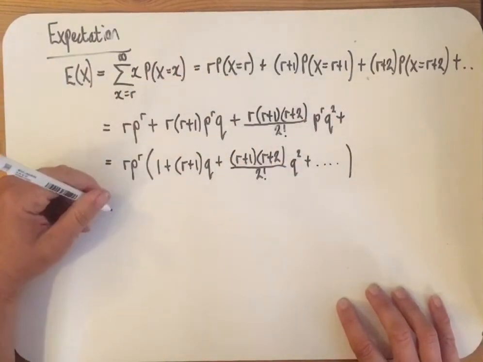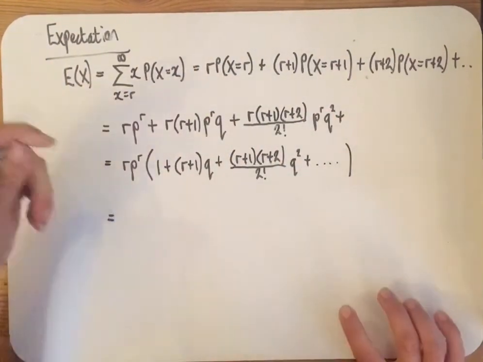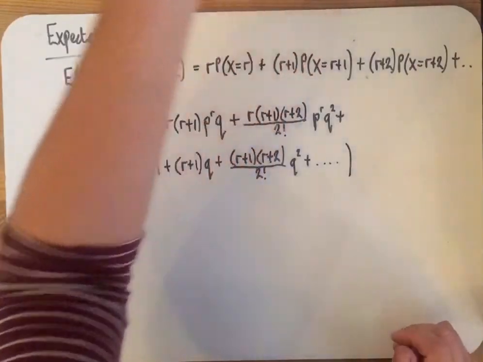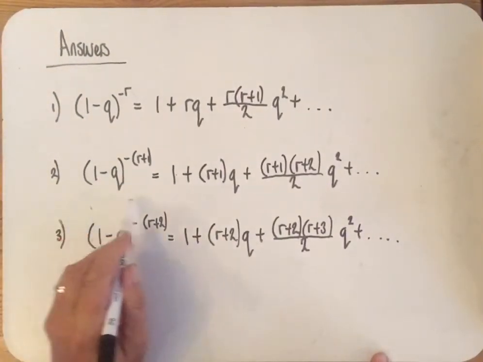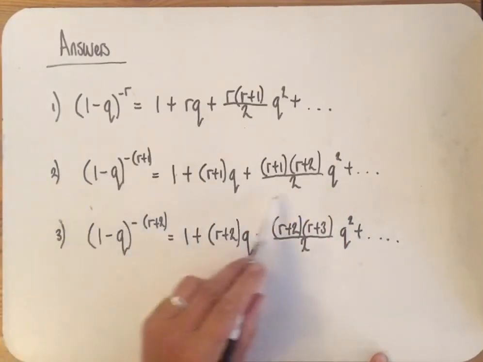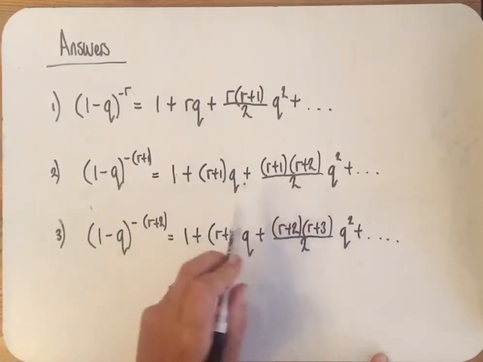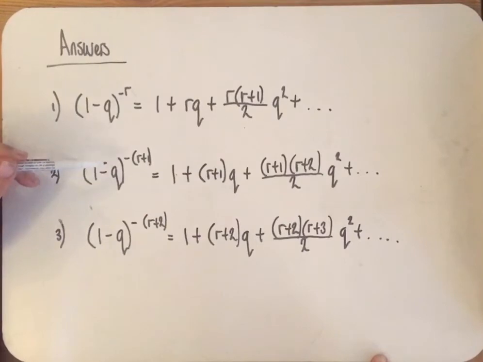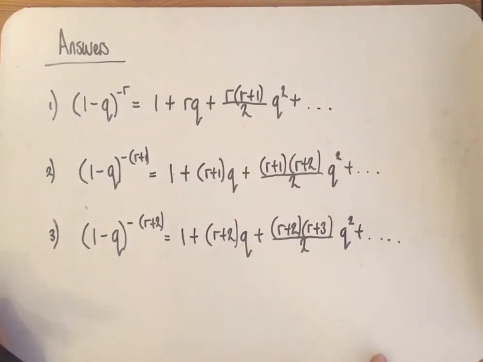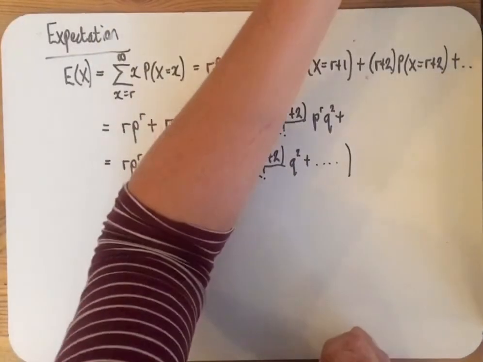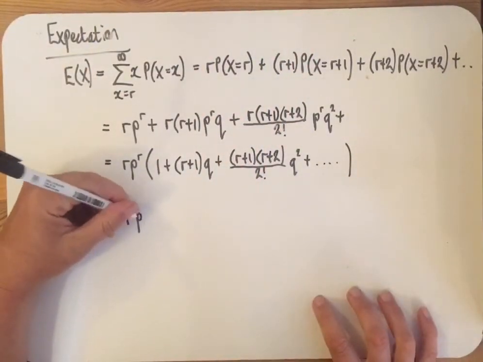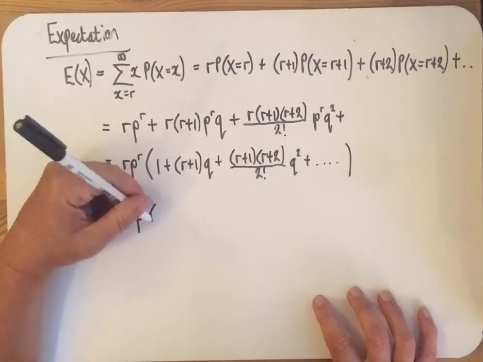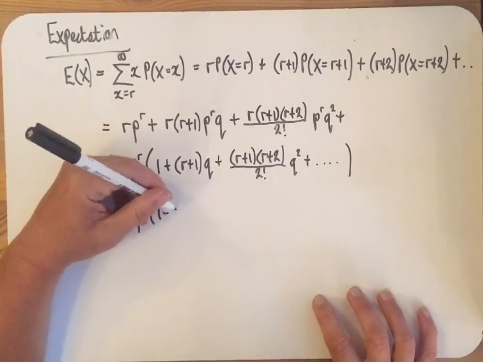And then if we go back to that lesson starter again, I've actually got this one here. And so the stuff in the brackets is equal to 1 minus q to the minus r plus 1. So r p to the r, lots of 1 minus q.